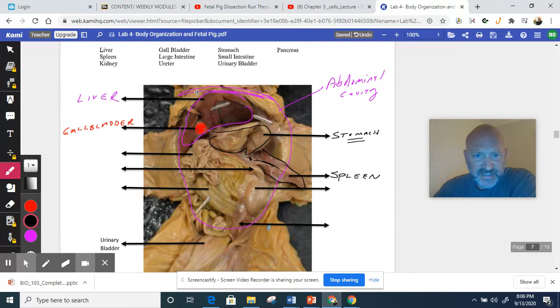We do have intestines in here. This whole squiggly bag of intestines right here is called the small intestines. And then this larger collection here, which would look more green, is the large intestines.